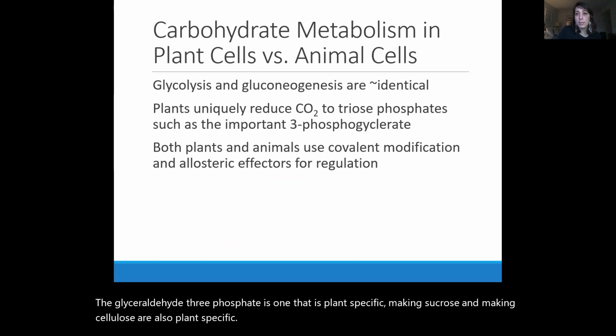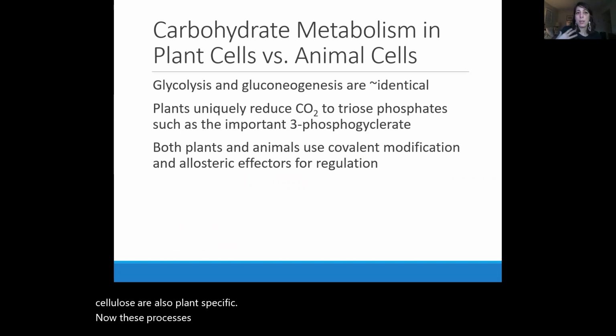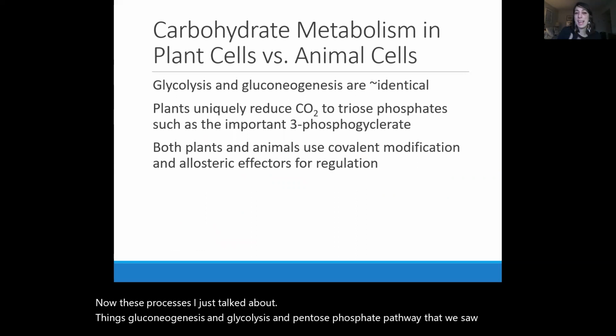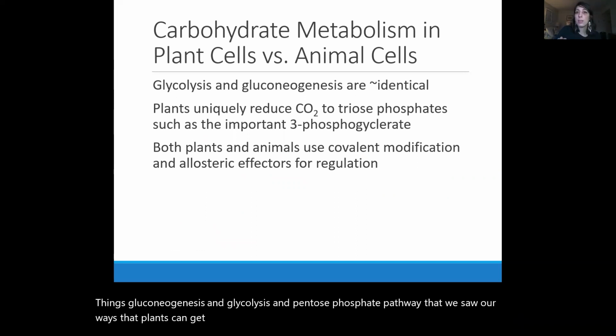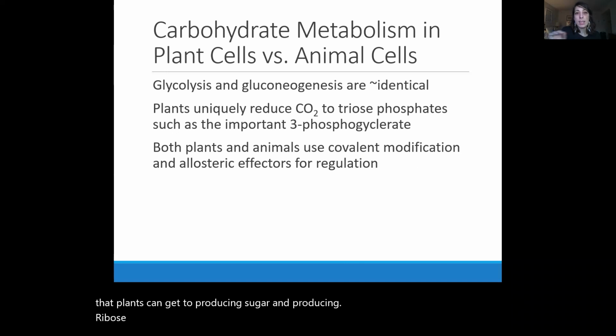Now, these processes I just talked about, things like gluconeogenesis and glycolysis and pentose phosphate pathway that we saw are ways that plants can get to producing sugar and producing ribose and other intermediates. These pathways that we find in animals, glycolysis and gluconeogenesis, are identical in plants.